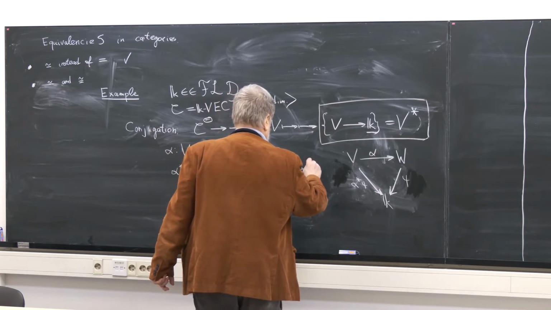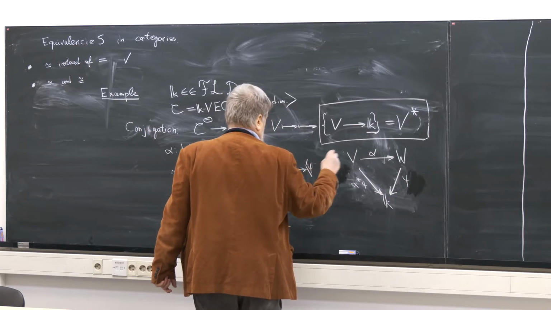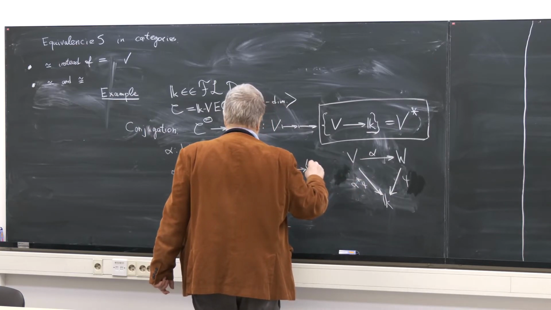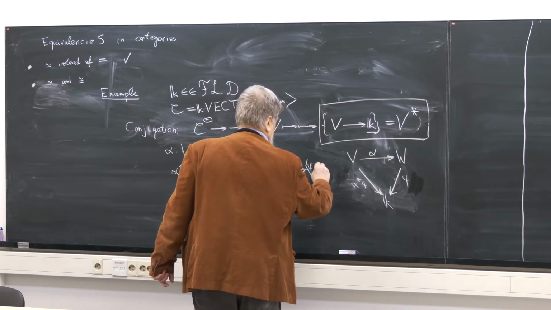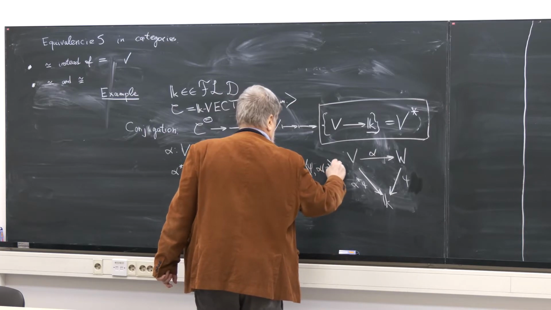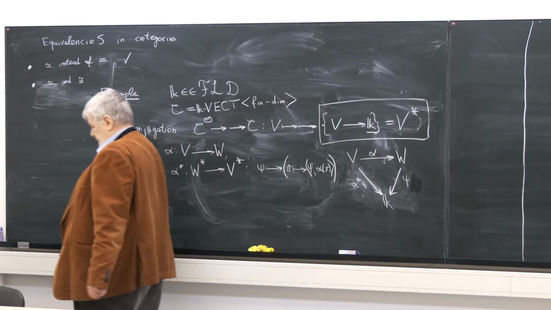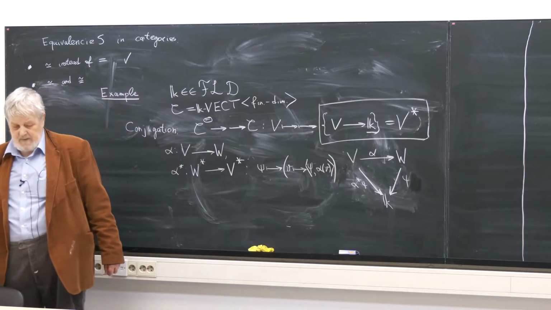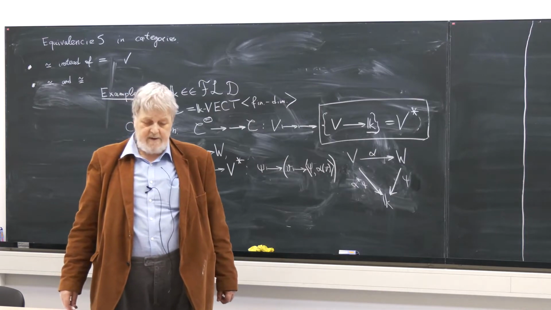So here we put the value of the functional psi on where can it be applied only to alpha over V, and here is the well-known definition of the conjugate linear operator.